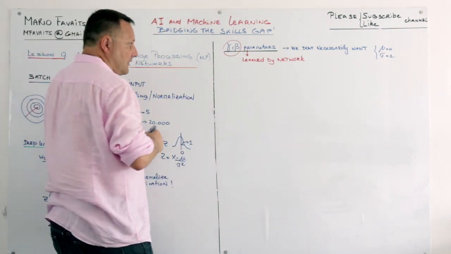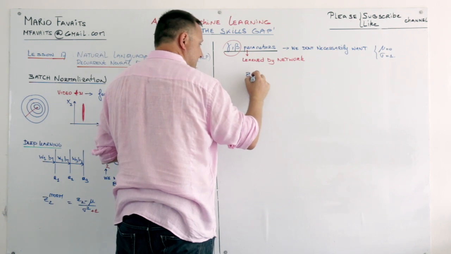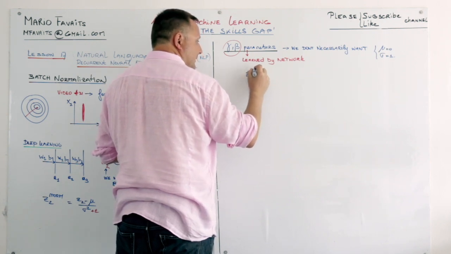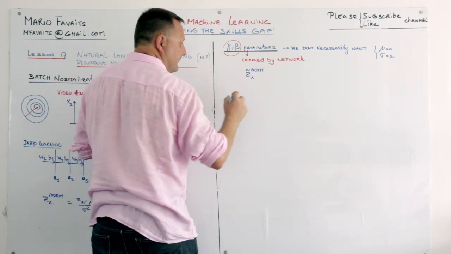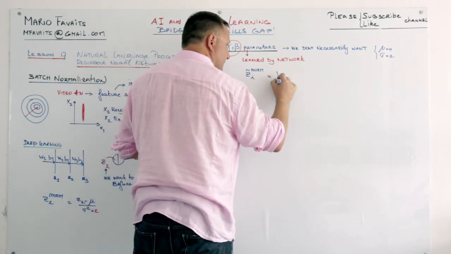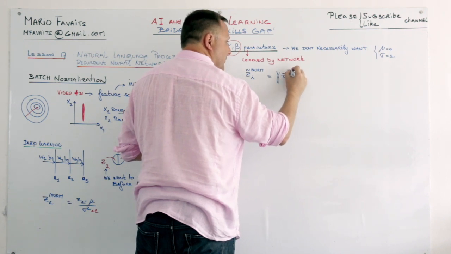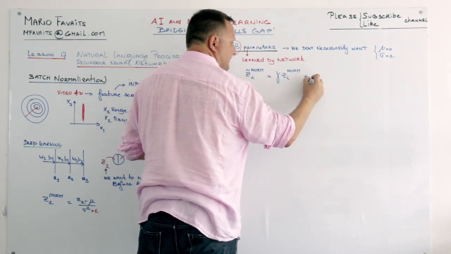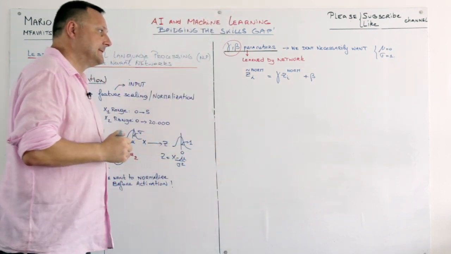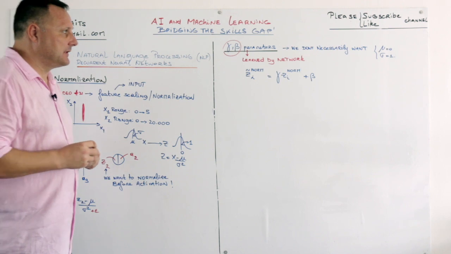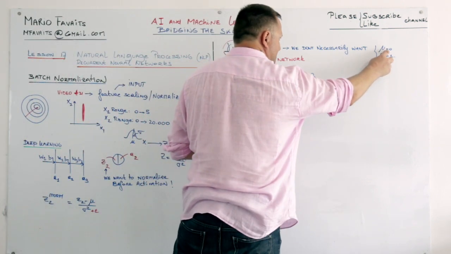So here we're going to define a normalized Zi, Zi tilde, and that equals gamma Zi norm plus beta. So this gives us some flexibility with respect to these numbers.